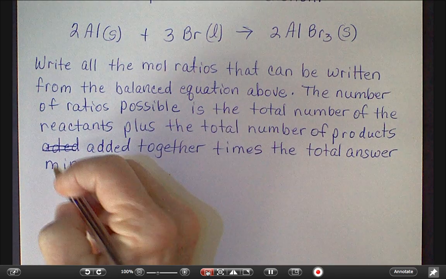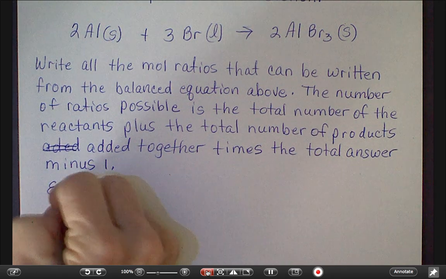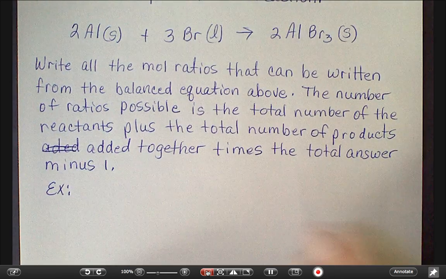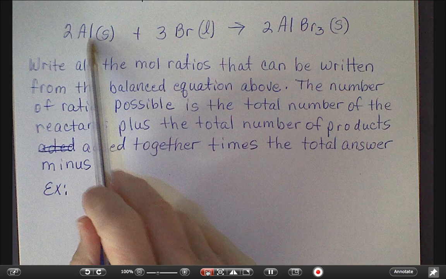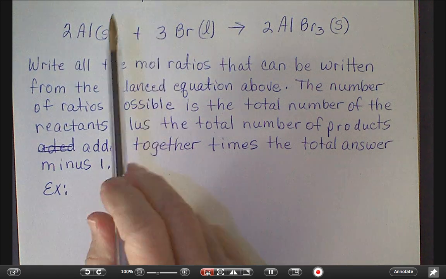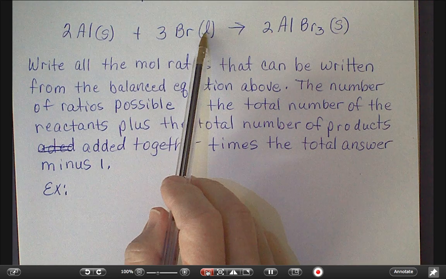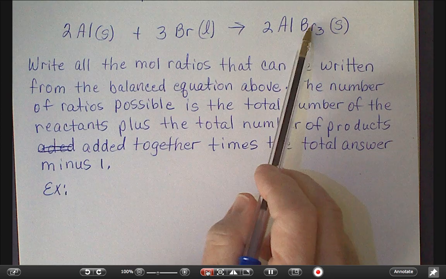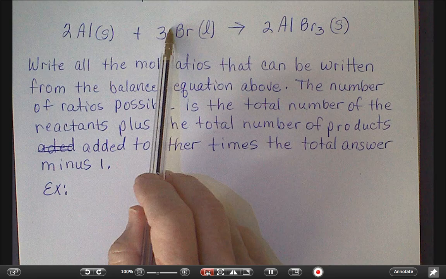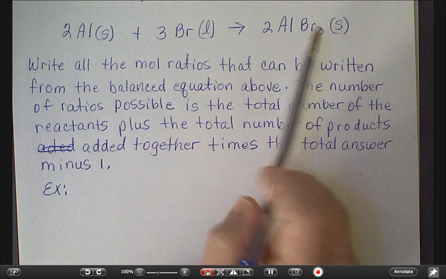Okay. Example. How many reactants are here? 1, 2. Everybody see that? This one plus that one, plus the number of products. So we have a total of how many things in this reaction? 3 different things, yes? Okay.